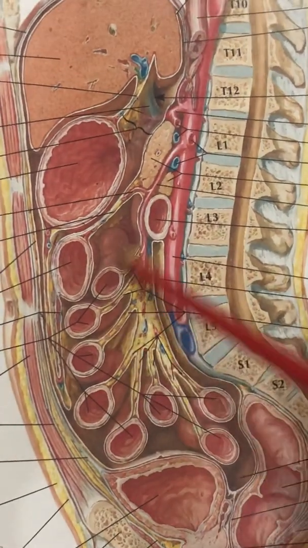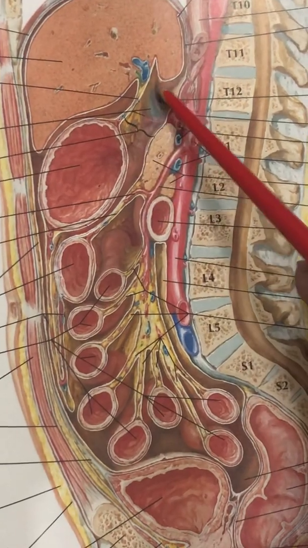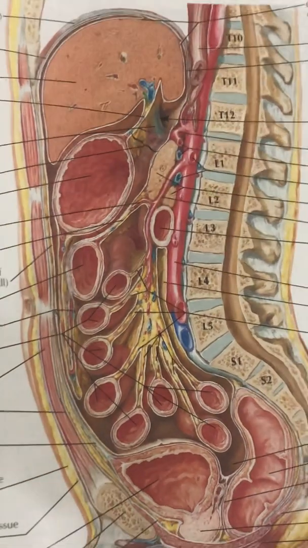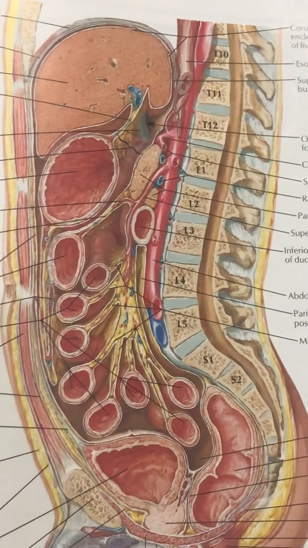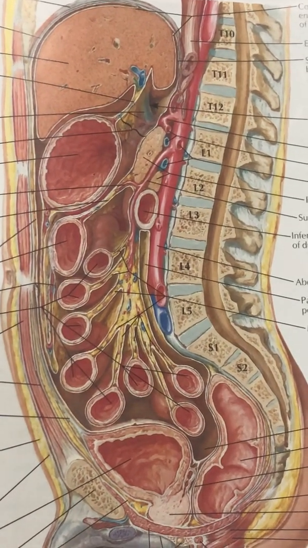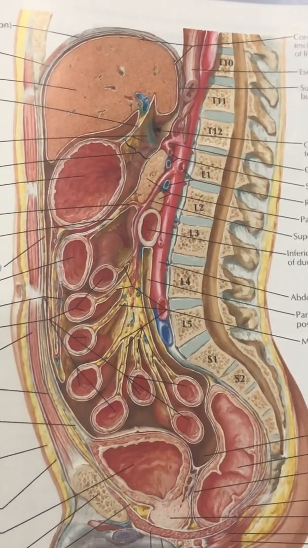So this greater sac is communicating with the lesser sac through this foramen of Winslow. So this diagram is very important if you want to have a good concept of peritoneum.